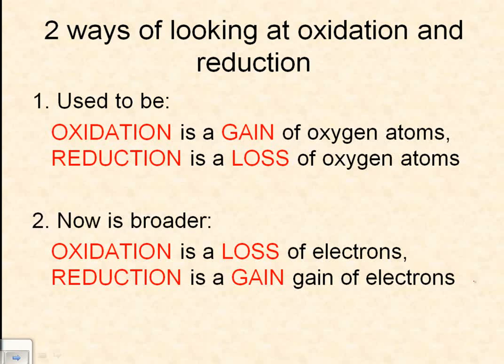And the bottom line is that now oxidation can apply to reactions where there is no oxygen involved. So what we are going to focus on is this definition, because this is the one that applies today.